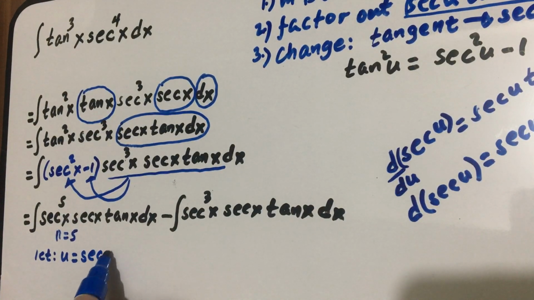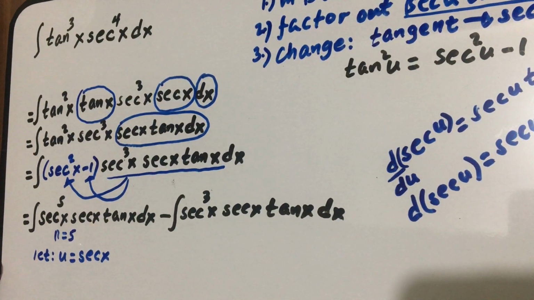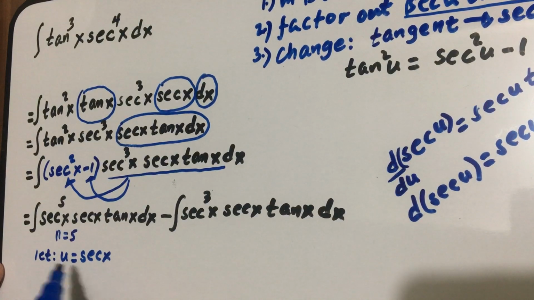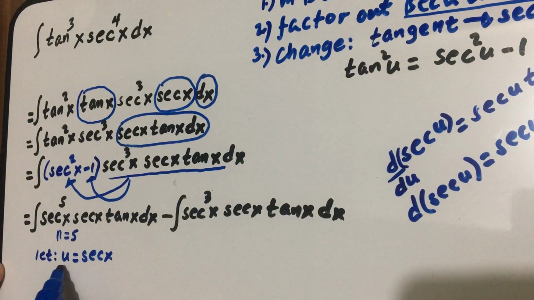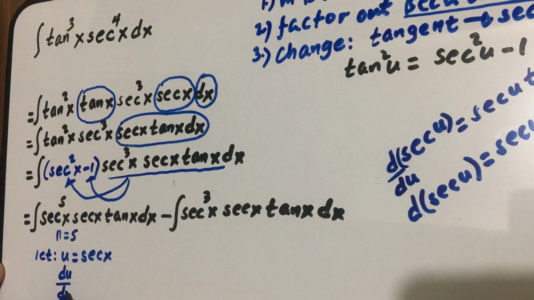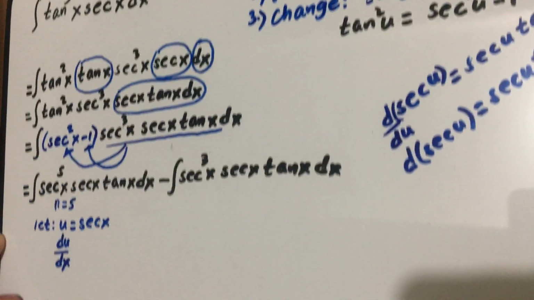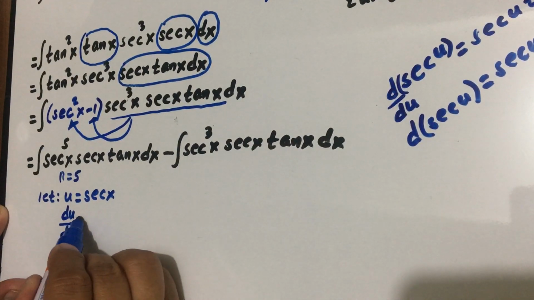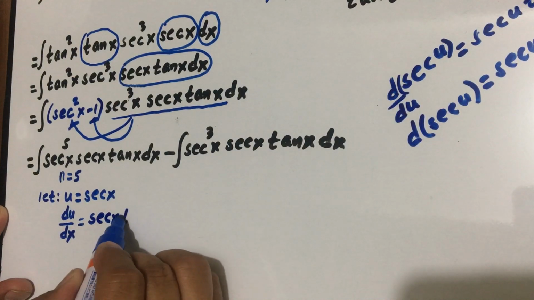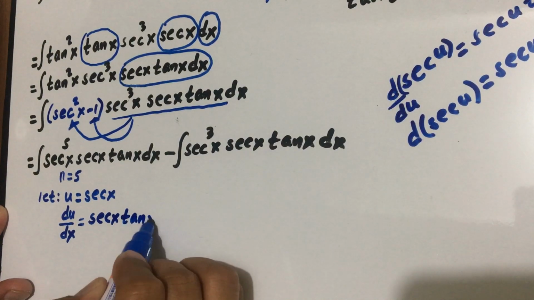secant x, then our du, we'll just go directly here. If you take the derivative of u with respect to x, you have du over dx. So du over dx is simply equal to secant x tangent x, right?